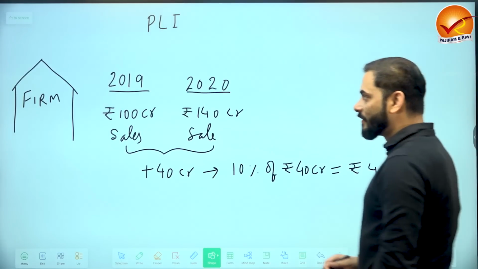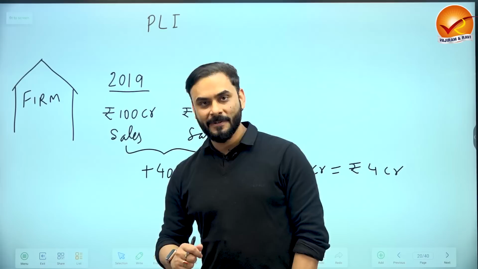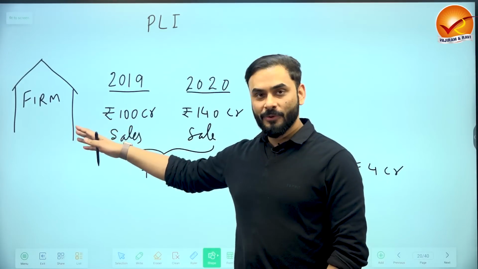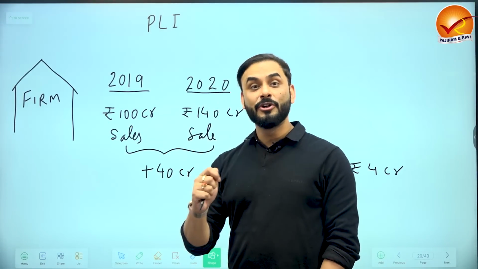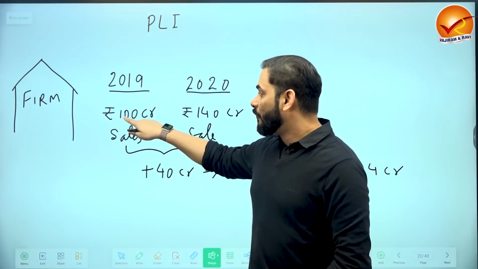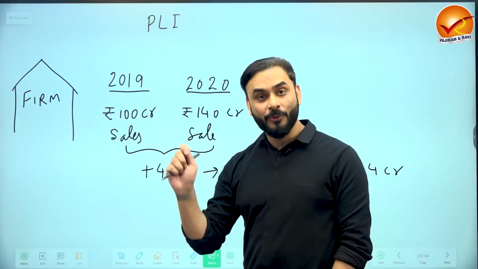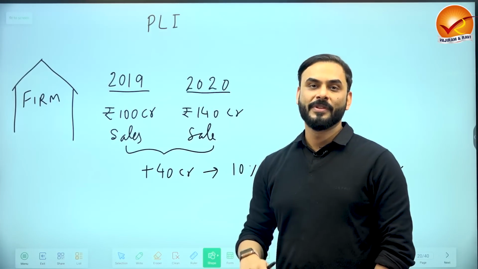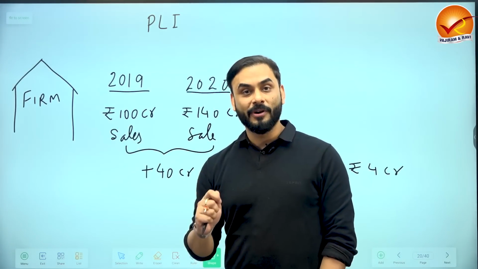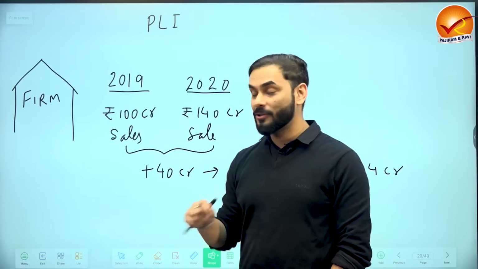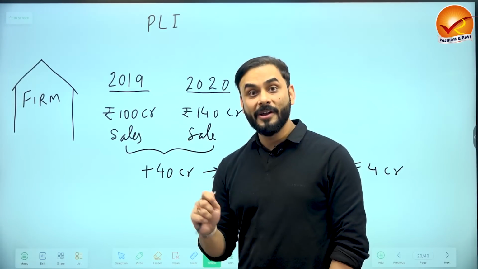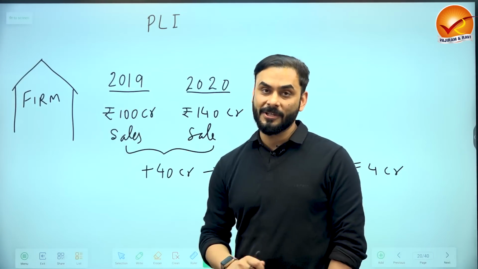So see guys, suppose this is a company, right? Suppose this company was able to sell 100 crore worth of its products. So what was the sale revenue that it got? Almost 100 crore rupees in the year 2019.